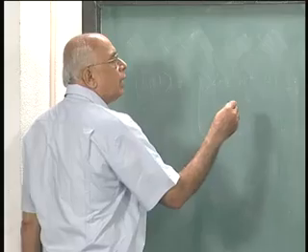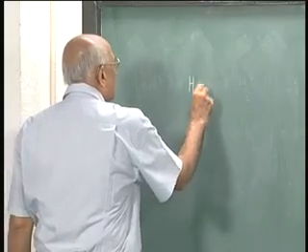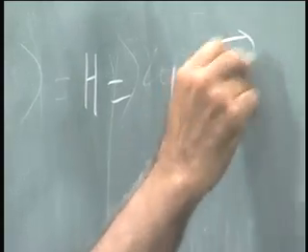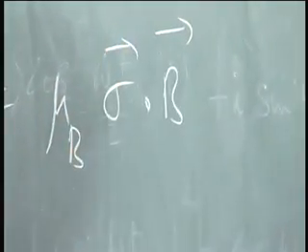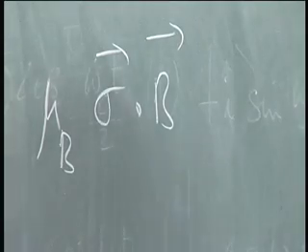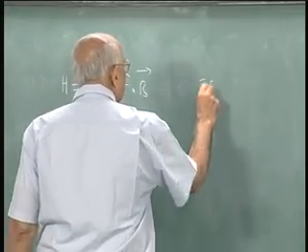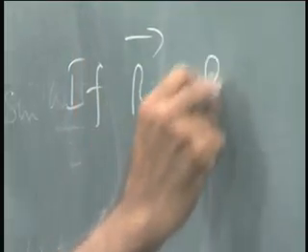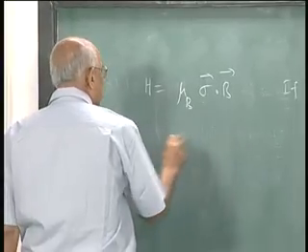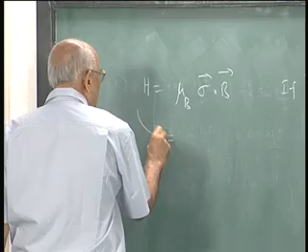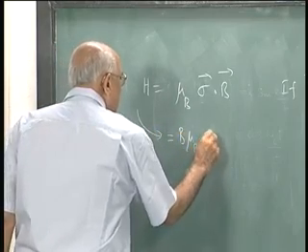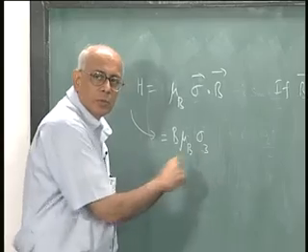Remember that we wrote H is equal to mu B sigma dot B. If I now say that the magnetic field is along the z direction, for example, then this Hamiltonian becomes mu B times sigma 3, and this has eigenvalues plus minus 1.